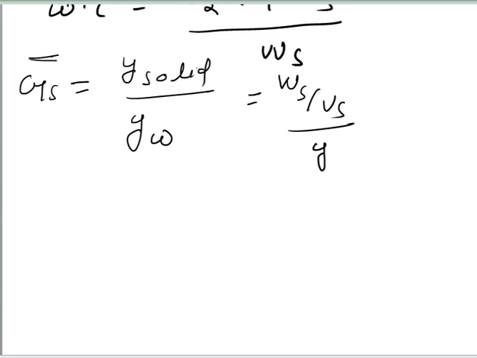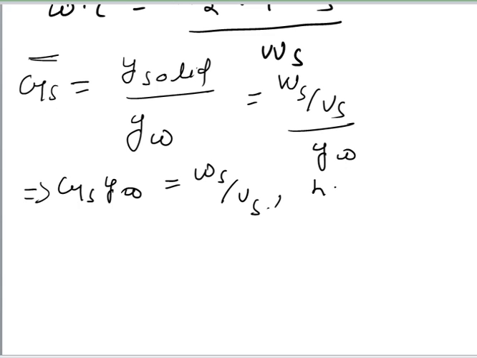So from this we get GS gamma W equals weight of solid over volume of solid. Yes or not? So hence, what will be the volume of solid? Weight of solid over GS gamma W.